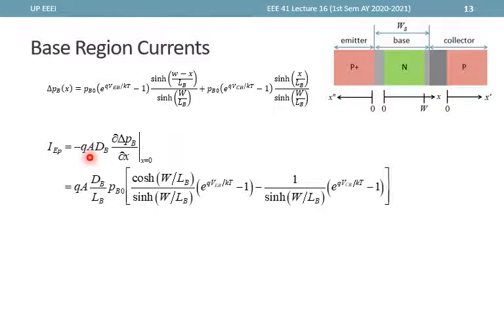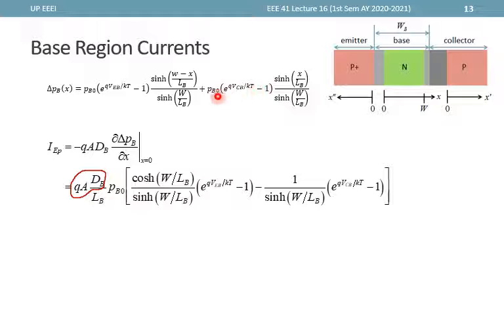So first we have this QAdB. We have already shown that this thing here simply comes from this side, and then the derivative of this thing with respect to x, everything that is not a function of x is just a constant. So this is simply a constant.